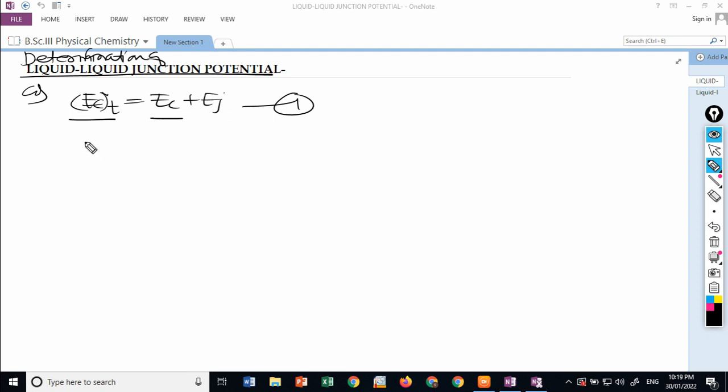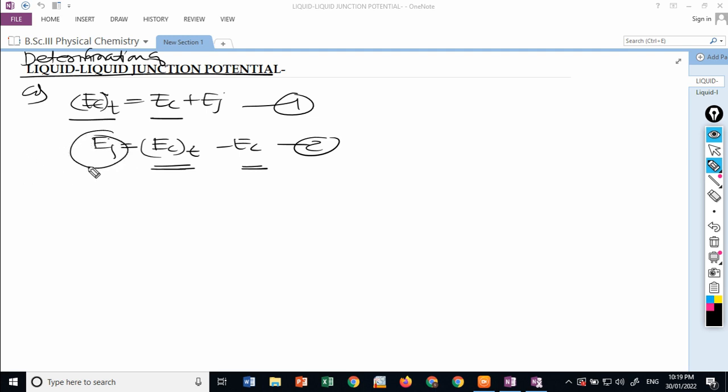So simply the liquid junction potential, EJ, is equal to the EMF of the cell with transference minus the EMF of the cell. First we have to determine the EMF of the cell with transference and the EMF of the cell without transference, and if we take the subtraction we easily get the liquid junction potential.